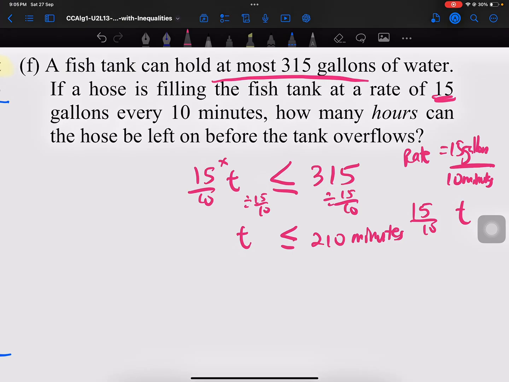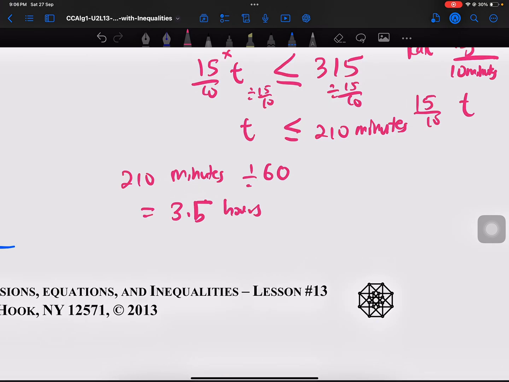Okay, now this is in minutes. I want to convert to hours. So 210 minutes divide 60, I will get 3.5 hours. So the hose can be left on for at most 3.5 hours. You can draw a number line.